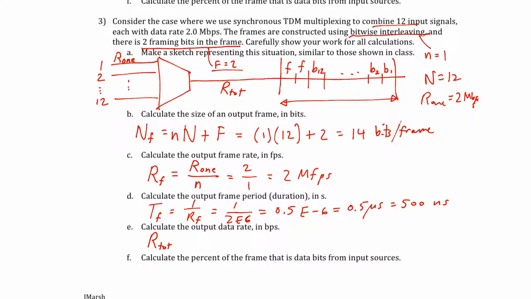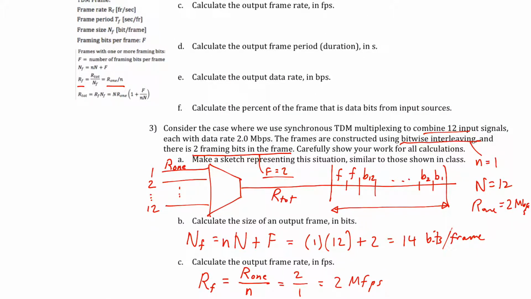And so what we've got to do is say, well, it's still the number of bits per frame times the number of frames per second. And so we can use this equation even if F isn't 0.